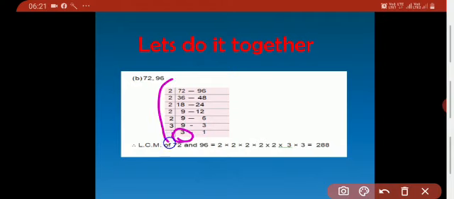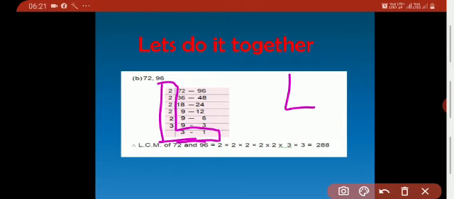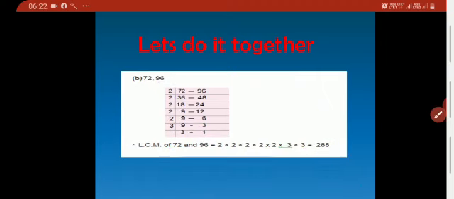So you will take all these numbers on the left side, and the prime number left at the bottom, and you will multiply. The product of these numbers is 288. This is the LCM of 72 and 96.